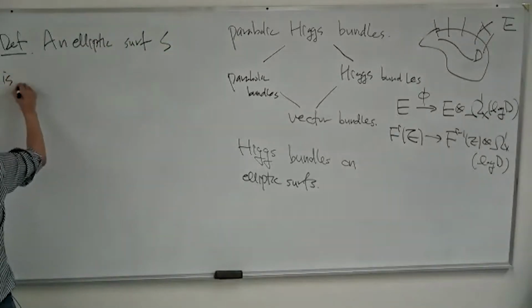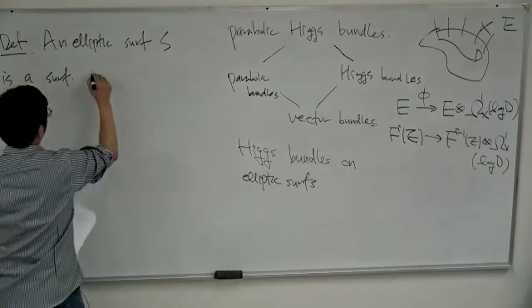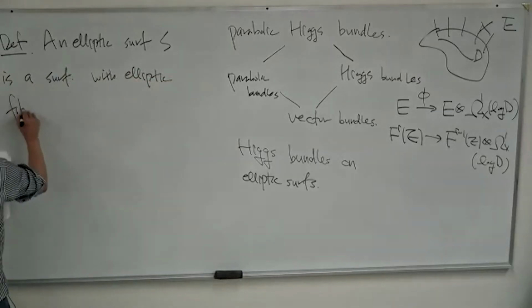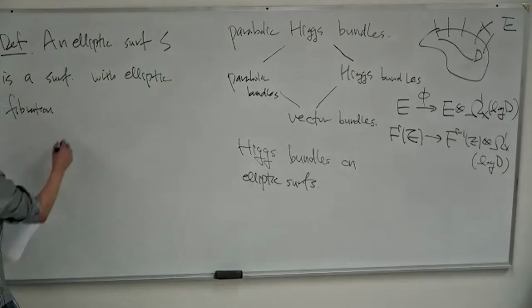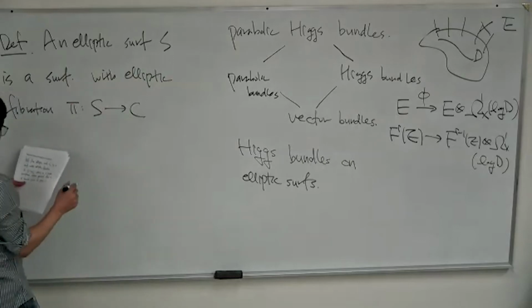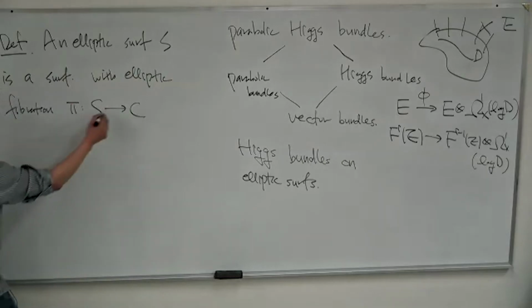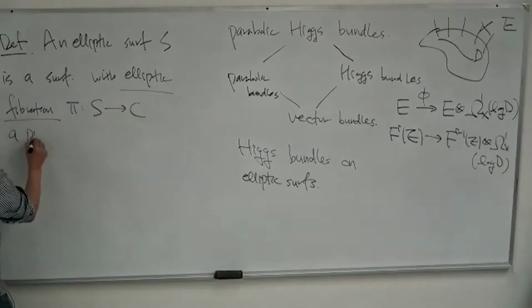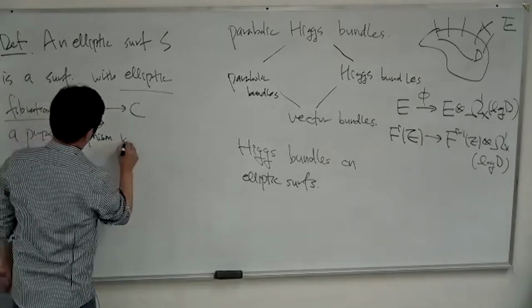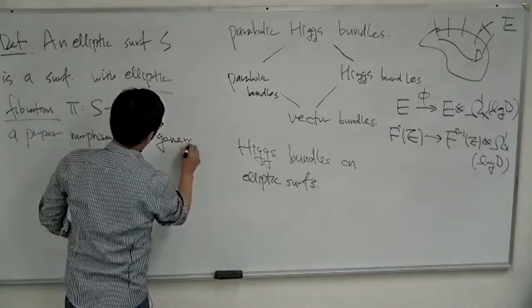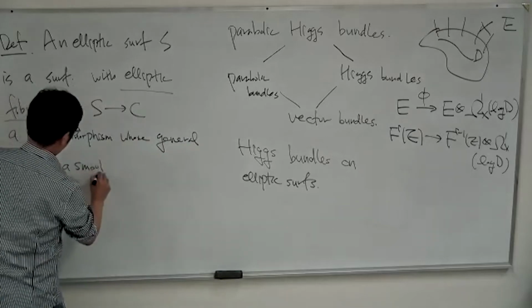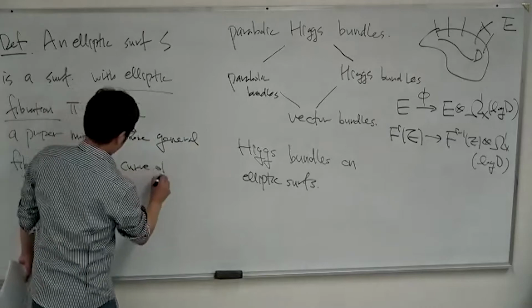S is a surface with an elliptic fibration phi from S to C. An elliptic fibration means a proper morphism whose general fiber is a smooth curve of genus 1.